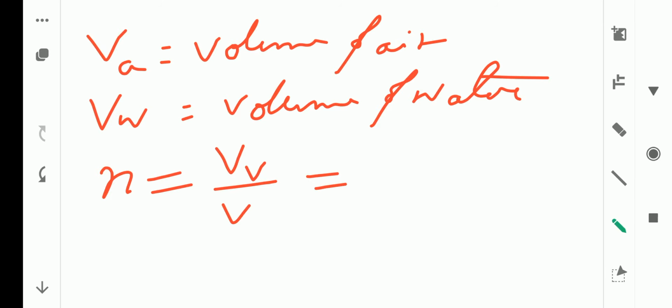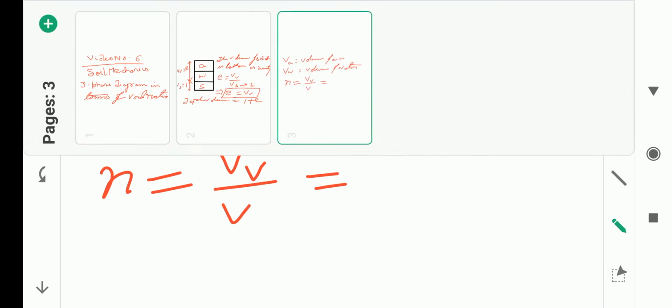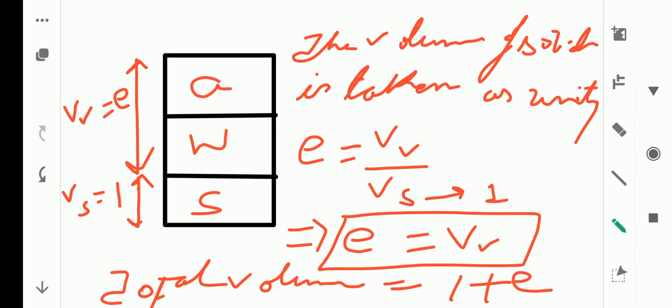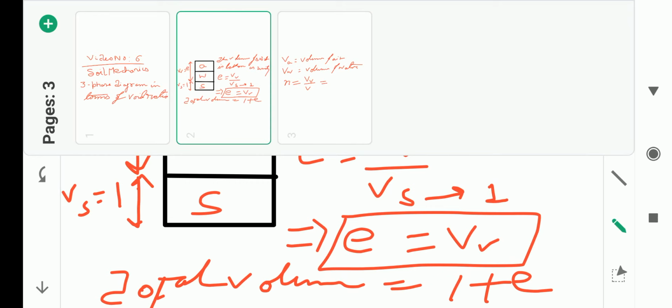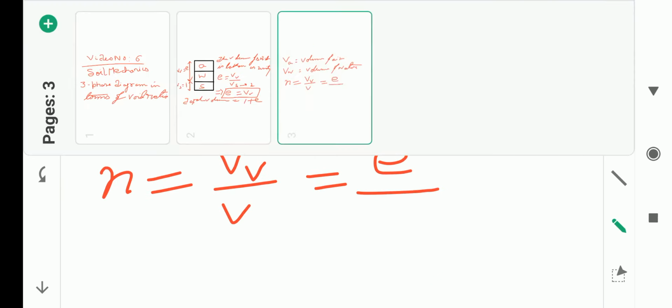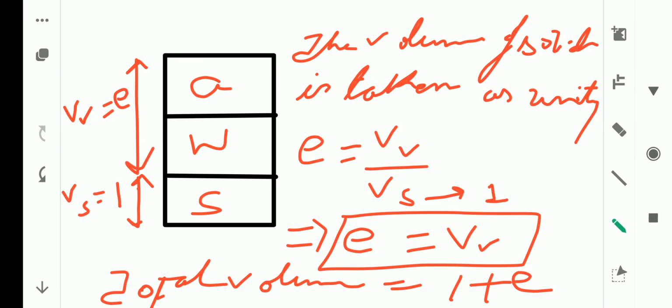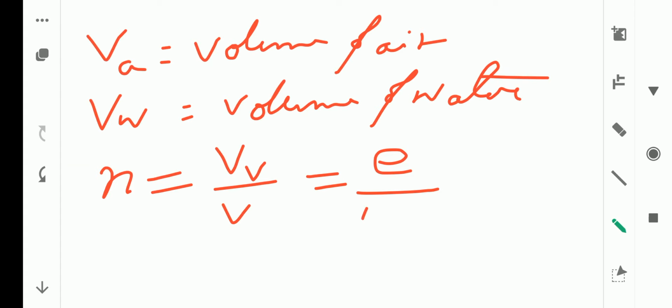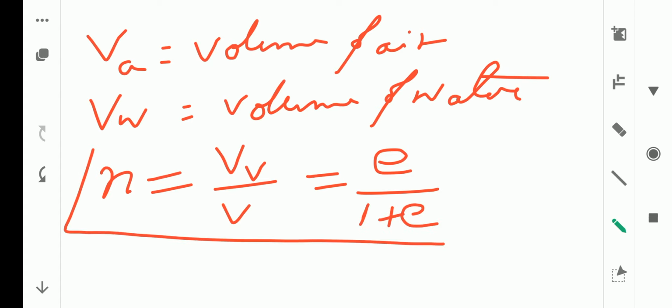Using what we have obtained here, volume of void is equal to e and total volume is 1 plus e. So porosity is equal to e upon 1 plus e, and we have already obtained it earlier also, right? So we can say that we are moving in the correct direction.